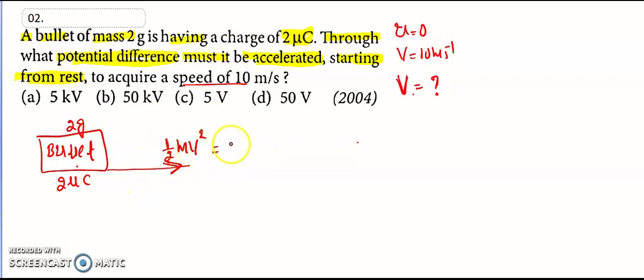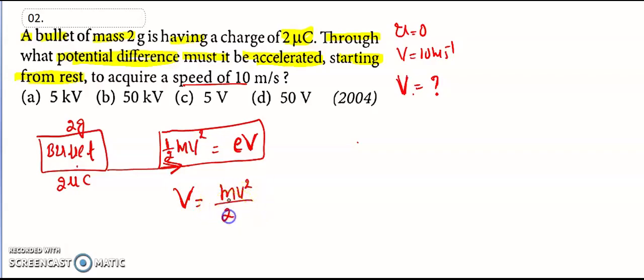This kinetic energy is equal to the work done, which is qV, charge times potential difference. So the potential difference V is equal to m v square divided by 2q.